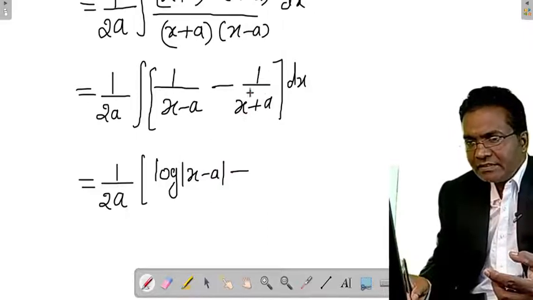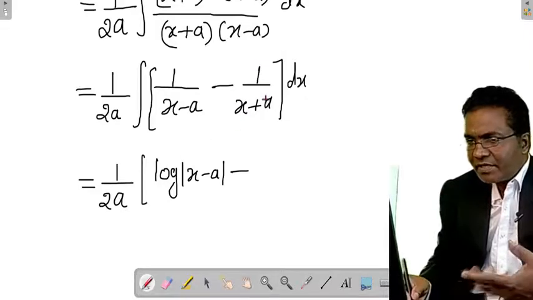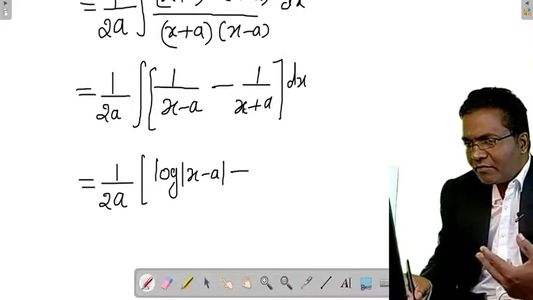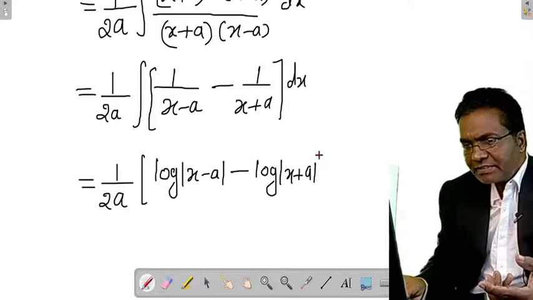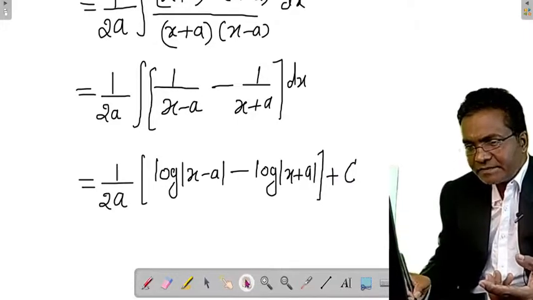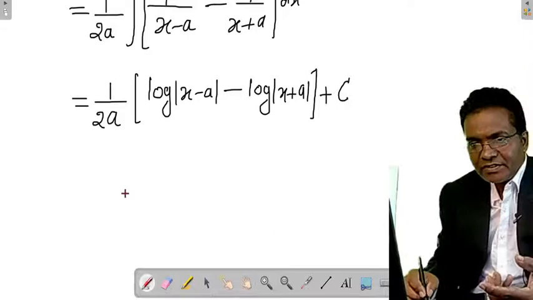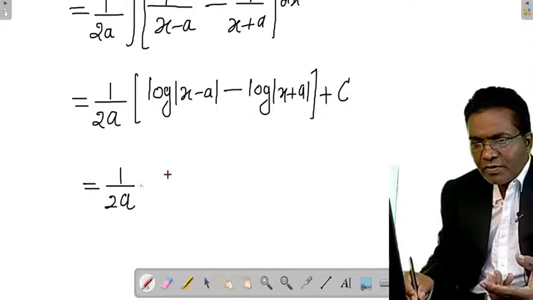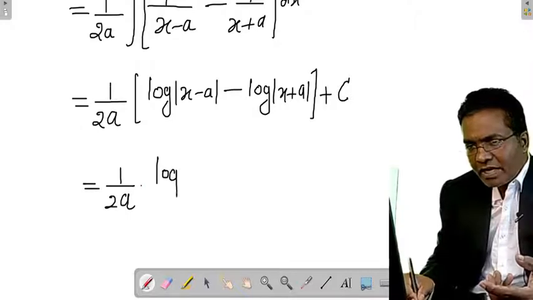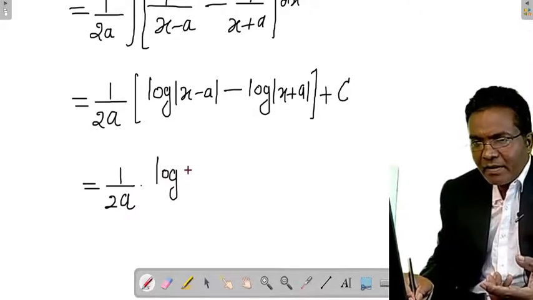Similarly, integration of 1 by x is log x. In the same way, integration of 1 by x plus a is also log of x plus a, plus constant c. Which equals 1 by 2a, and you know log m minus log n is log m by n.